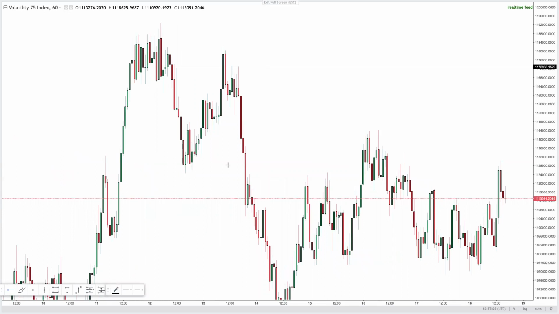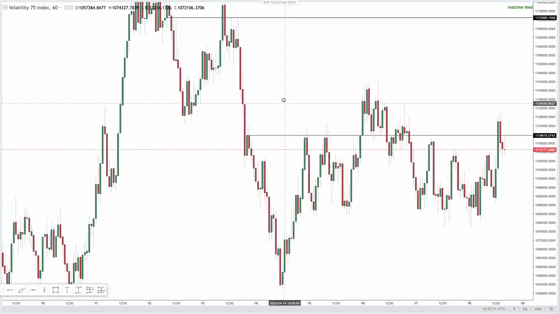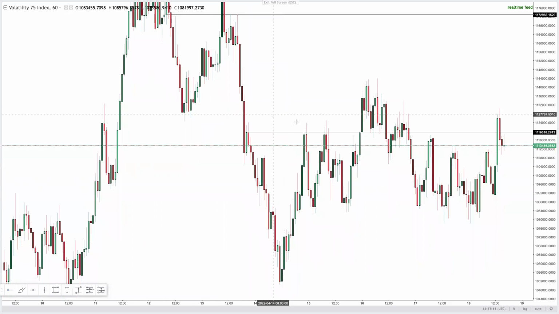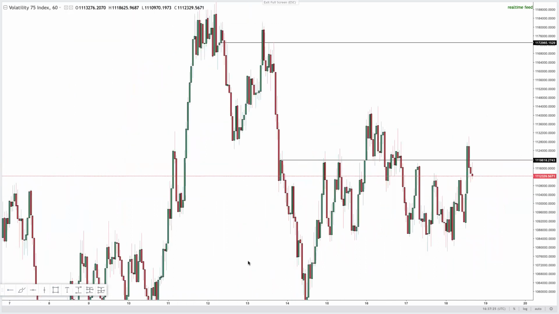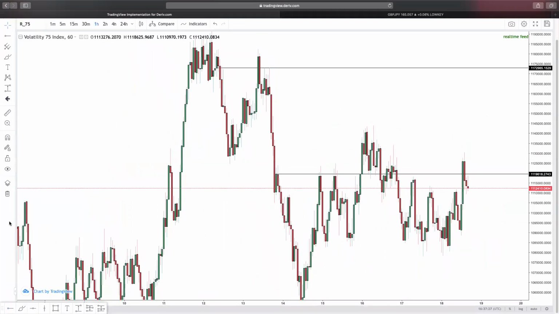And then in the 1 hour time frame, we can see that price came to retest on this structure right here. This structure right here. Let me show you some more examples.